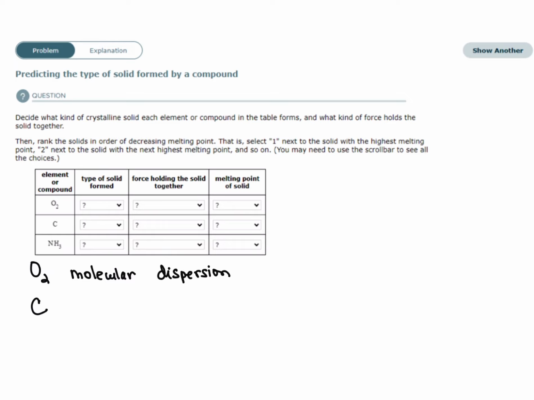C is a nonmetal atom, so this falls under the category of covalent network solids, and for ALEKS we have to list that as an atomic solid. And because this is a covalent network solid, this is held together by covalent bonding forces.